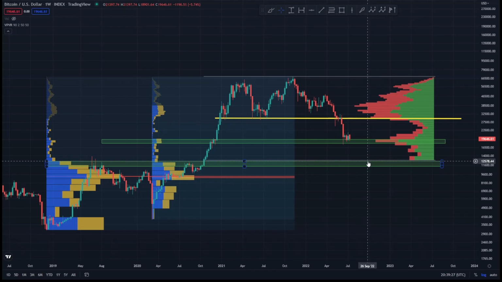And I've only allocated about 10% of my capital to buy-ins below 12,500, and the beauty of that is, if we do come down to 9,000, I can go full degen and ape into Bitcoin at these cheaper prices. And if we never hit that price, let's say we come down to 12,500, we come down to 14,000, which once again, if you're new to the channel, I have been saying 14,000 is where I really start aping into Bitcoin.